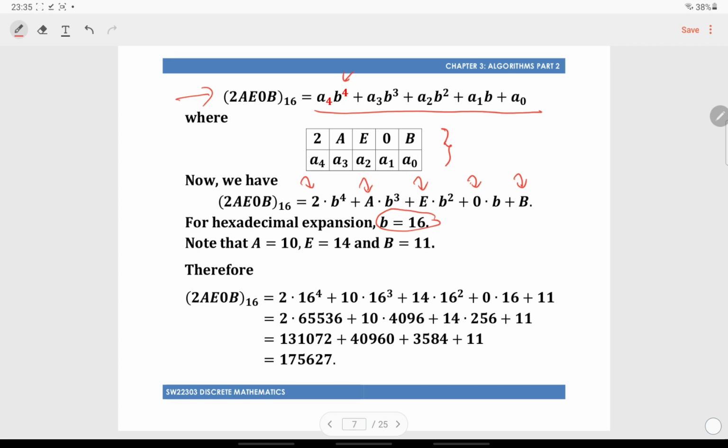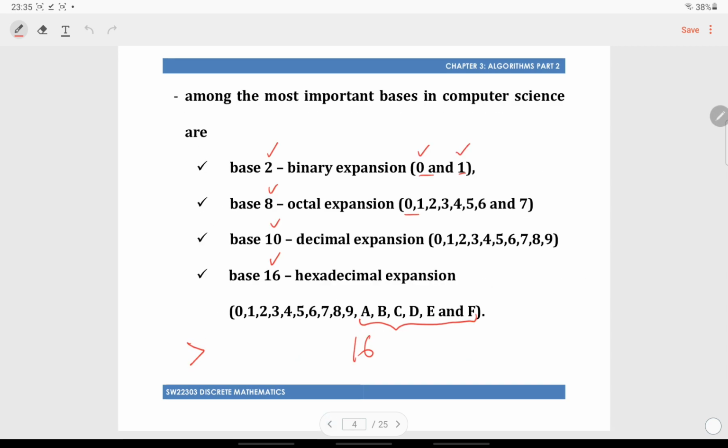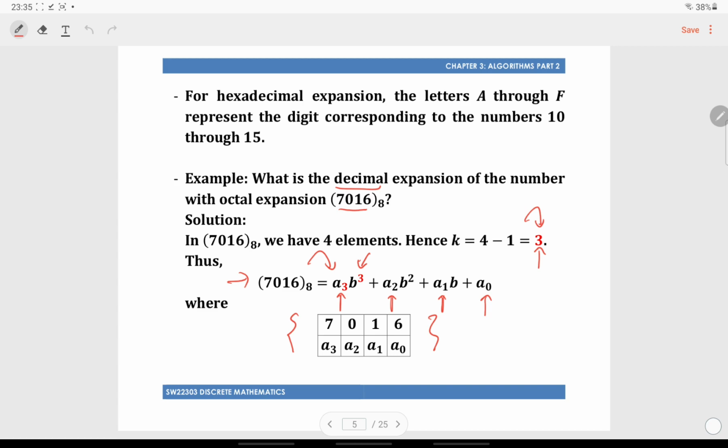Remember that in hexadecimal, the letters A up to F represent the digits corresponding to 10 up to 15. That means A equals 10, B equals 11, C equals 12, D equals 13, E equals 14, and F equals 15.